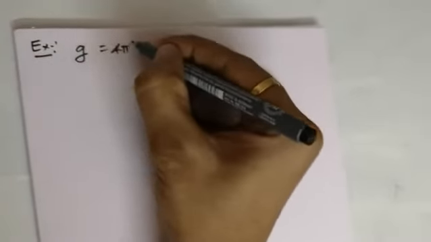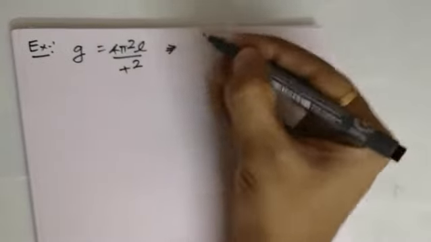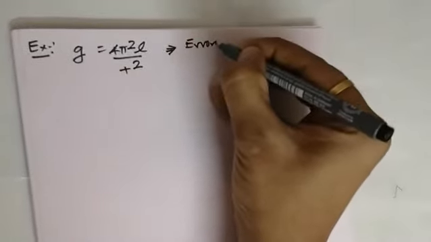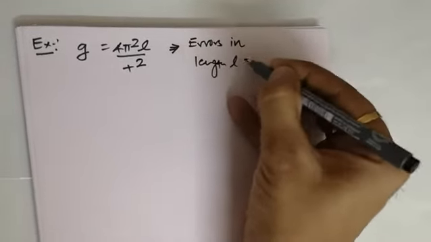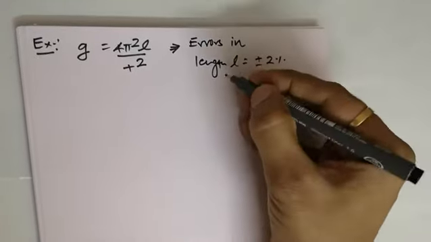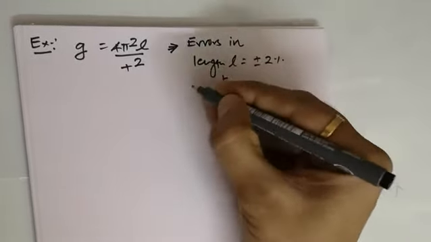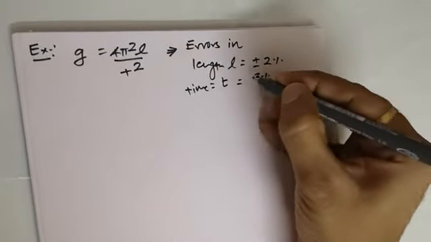Let's say I have one equation, g equals 4 pi square l divided by t square, and my error in length l is 2%, and my error in time t is equal to 3%.